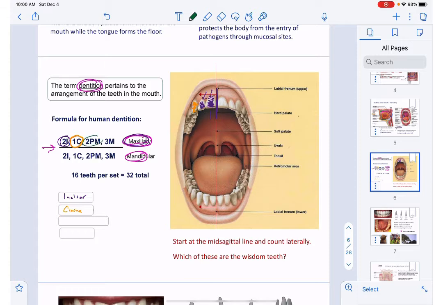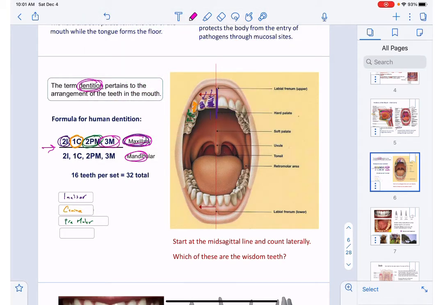Then it says 2PM. What does that PM stand for? Those are premolars. So let's see if I can do this. We have 1, 2. And then lastly, we have 3M.